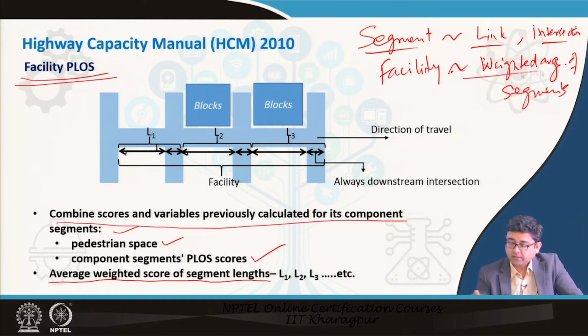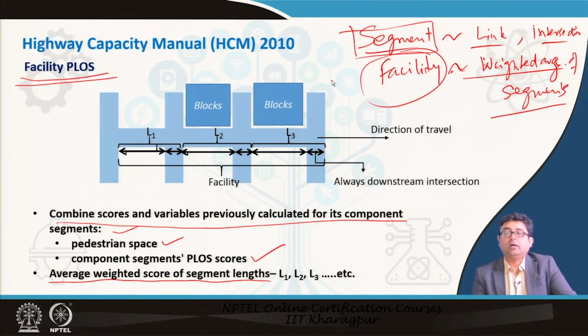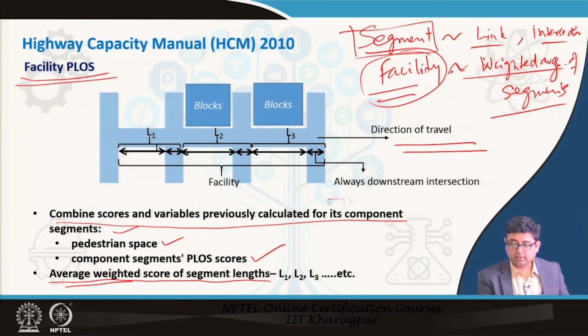Now, if we calculate a weighted average score of all of these segments, you will determine the pedestrian level of service score for the facility. Okay. Weighted average, it is weighted by the lengths. So, how much length is each segment, that is how the pedestrian level of service scores of each of those segments are weighted. Again, it is in the direction of travel and always the downstream intersection is taken into account.